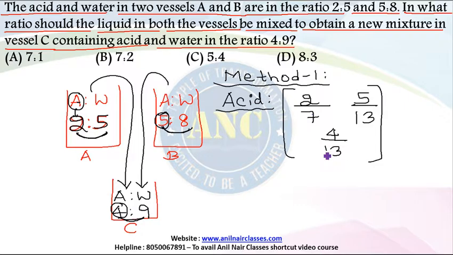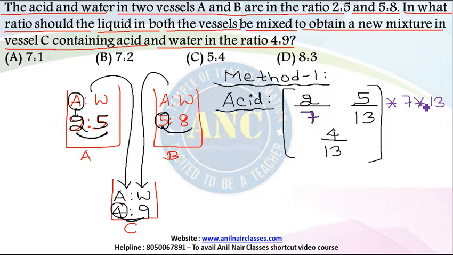So I want to cancel those denominators. Here the denominator is 7, and in the other two cases the denominators are 13. So I want to cancel both 7 and 13 as denominators. So multiply by both 7 and 13.